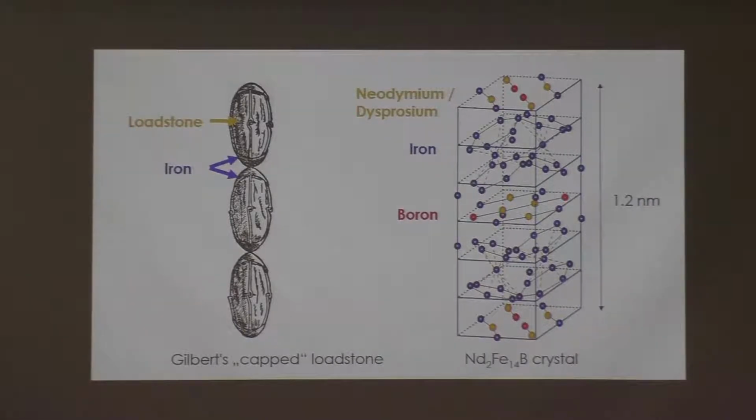And I think the reason behind is just similar. Like the rare earth gives us a high magnetocrystalline anisotropy, and the iron gives us a magnetic moment. And like in the old days, on a very different length scale, the idea was the same.